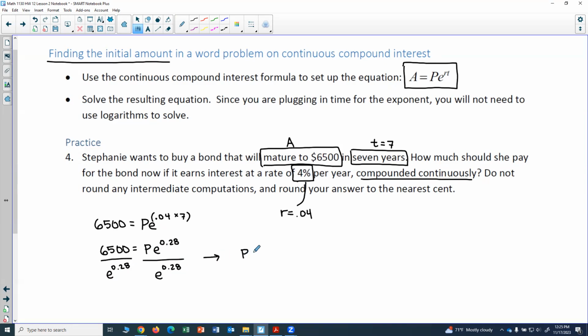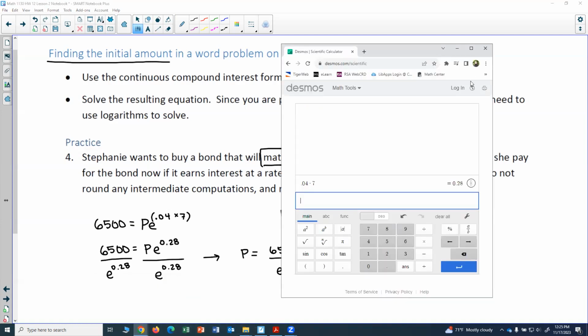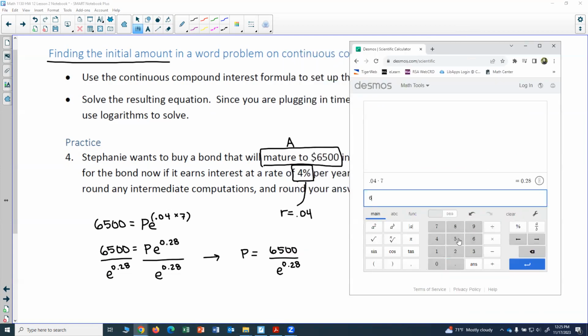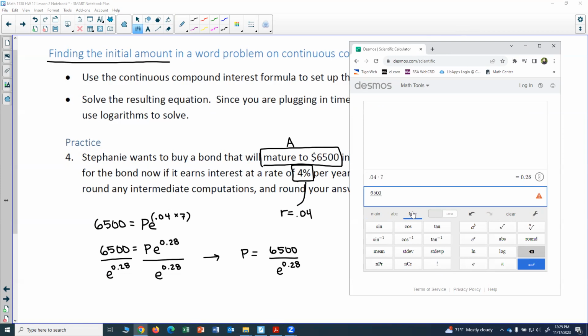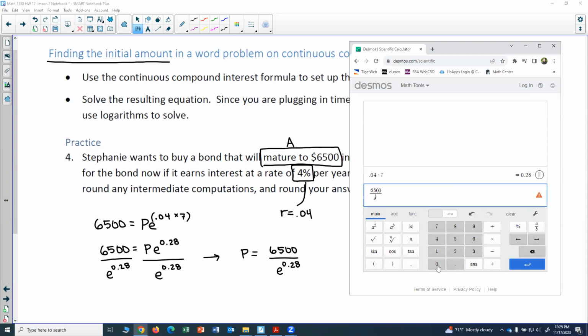And so I'm going to get P equals 6,500 divided by e to the 0.28. And we just put that into the calculator. $6,500 divided by, to get e, you can go to function and select e to the x. Go back to your main menu and put in 0.28 as the exponent. And we've got our amount.